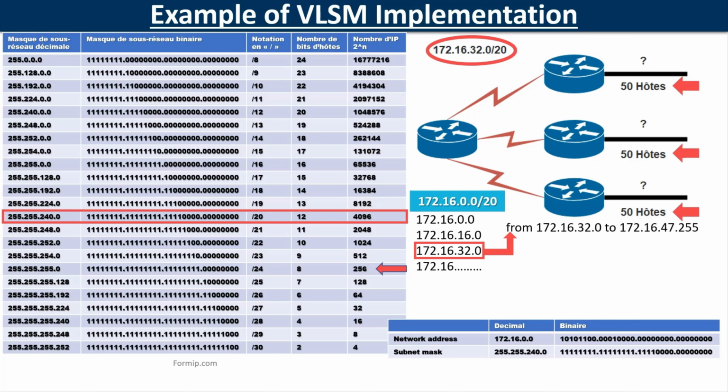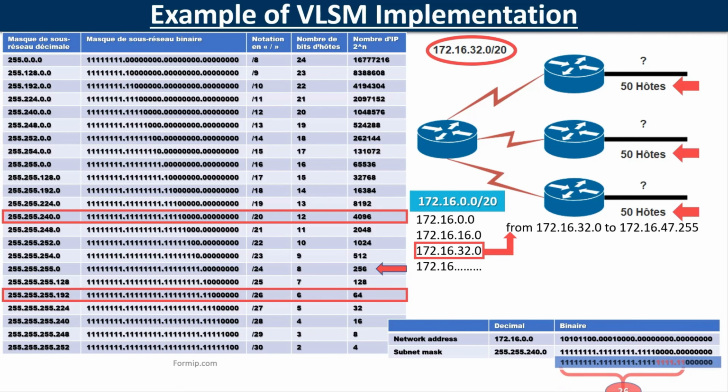For this, we will use VLSM to create subnets of at least 50 IPs. Looking for the need of at least 50 hosts, we will go with a mask in /26, which allows you to get 62 hosts per network, 64 minus 2.